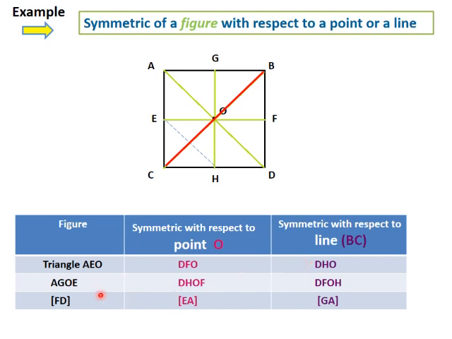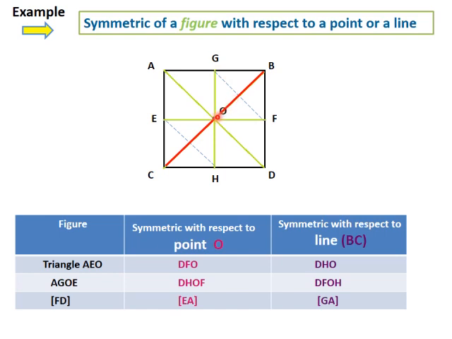And now we are going to find the symmetry of square AGOE with respect to line BC, in the same way, by finding the symmetry of each point alone. The symmetry of point A with respect to line BC is point D. The symmetry of point G with respect to line BC, in order to know it, we have to draw a line perpendicular to BC passing through point G. So the symmetry of point G is point F, having the same distance away from line BC.